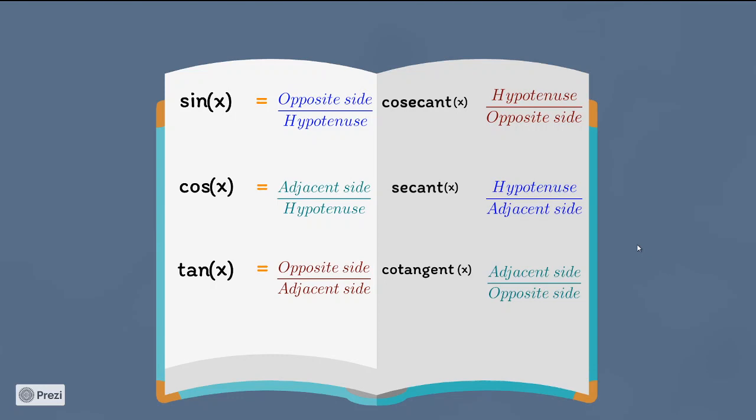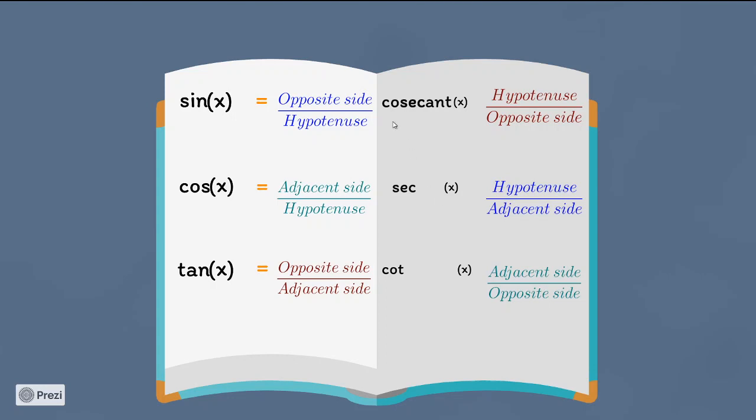Now again we can take short forms of these things. Taking the short forms, take the first three letters as usual. So cotangent, the first three letters COT, so cot. And secant, the first three letters SEC, sec of x.